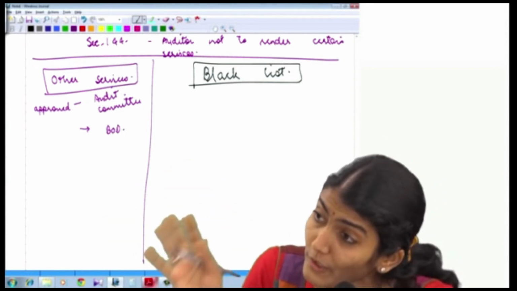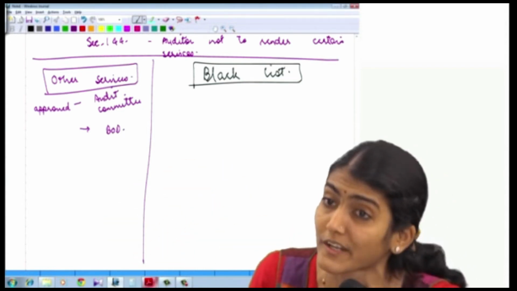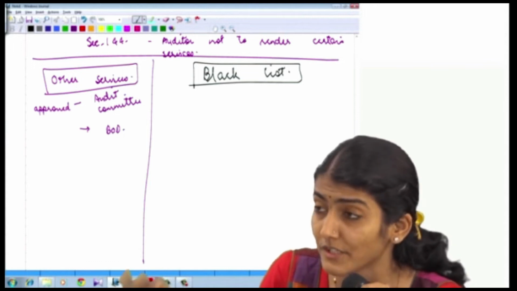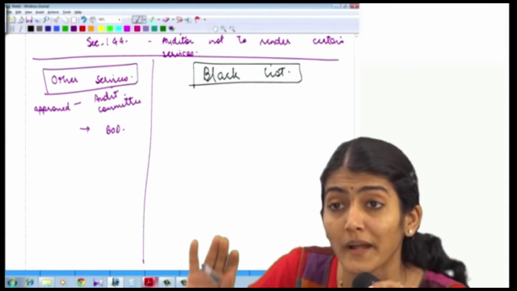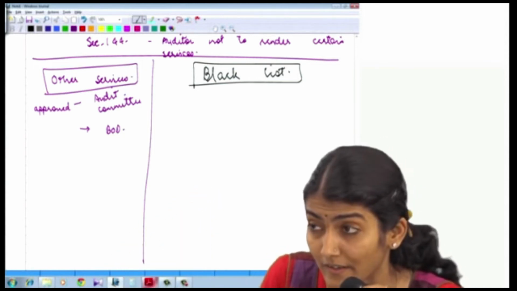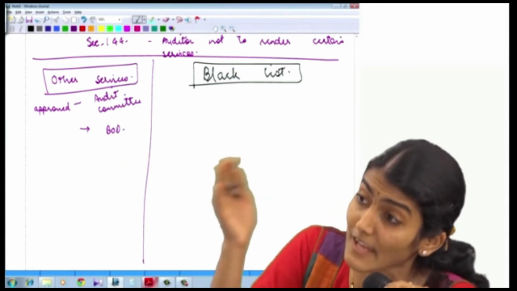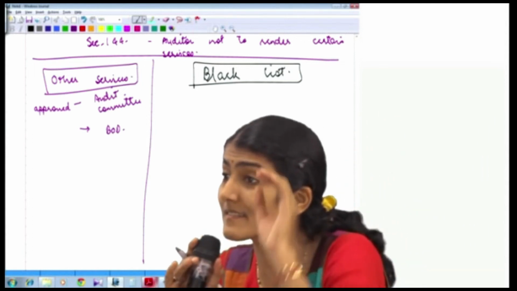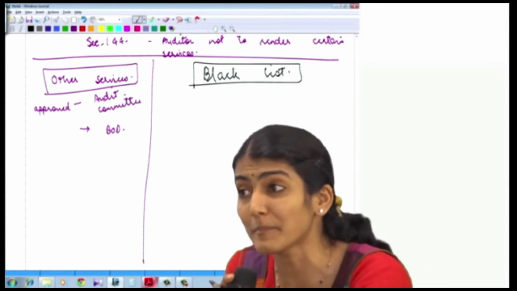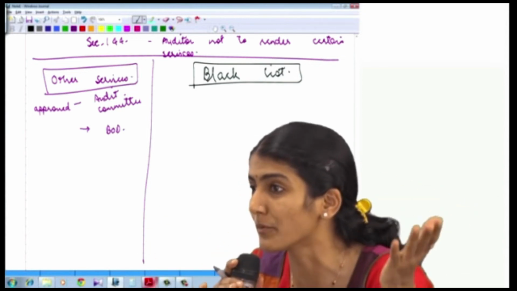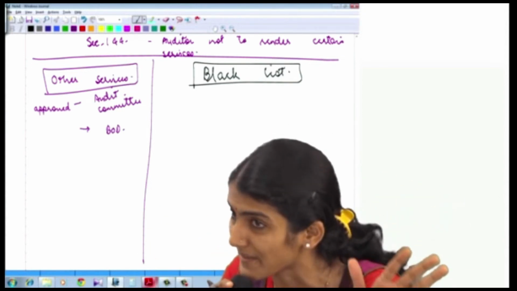Even after the approval of the audit committee or board of directors, not allowed. Please pay attention. These services are never allowed to be provided by the statutory auditor. Other than these services, any services he has to provide should be approved by the audit committee or the board. But these services can never be provided. So there is no question of getting approval of the BOD or audit committee for the same.